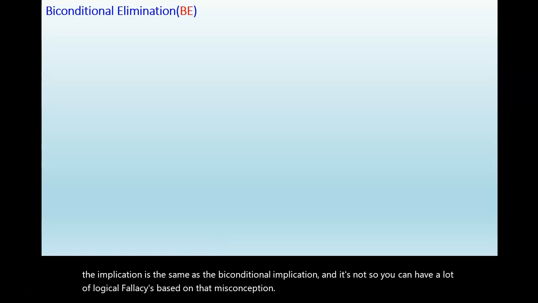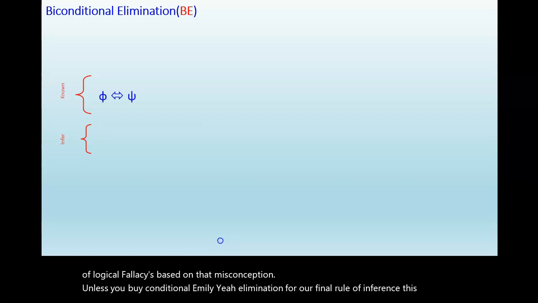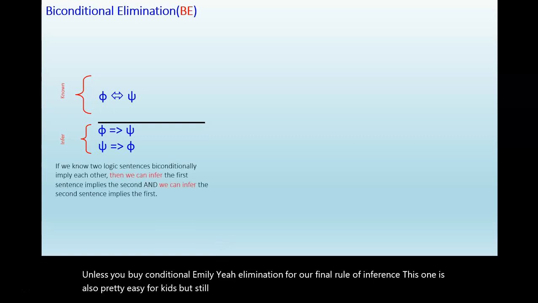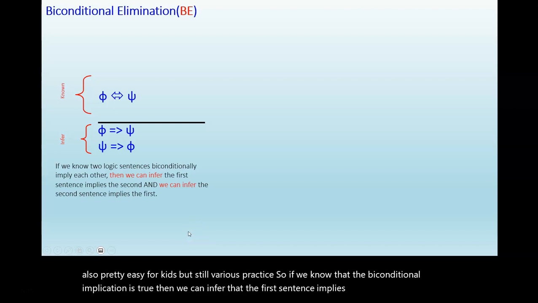And let's do biconditional elimination for our final rule of inference. This one is also pretty easy for kids, but still bears practice. So if we know that the biconditional implication is true, then we can infer that the first sentence implies the second, and we can infer that the second sentence implies the first.